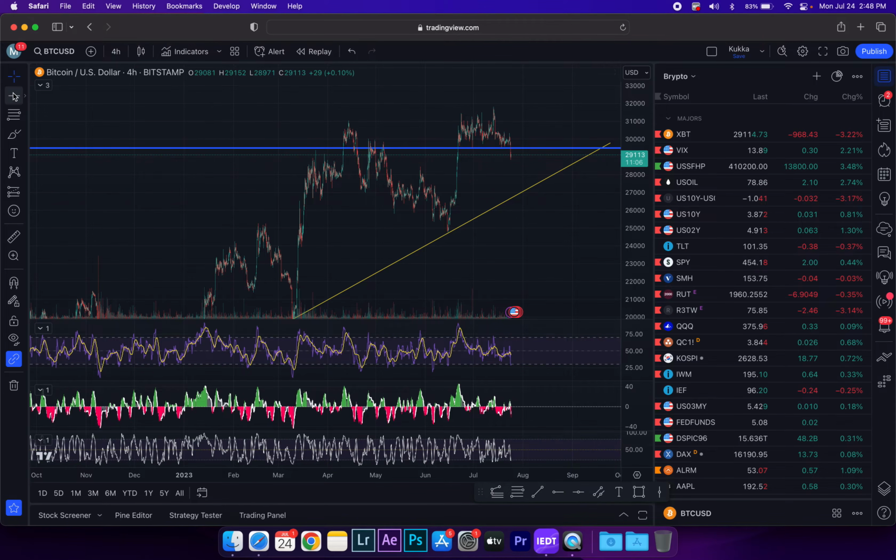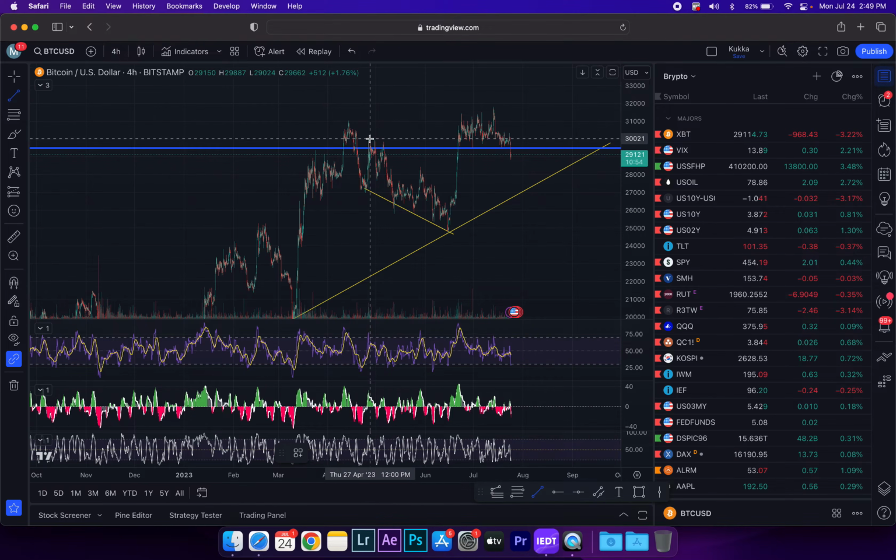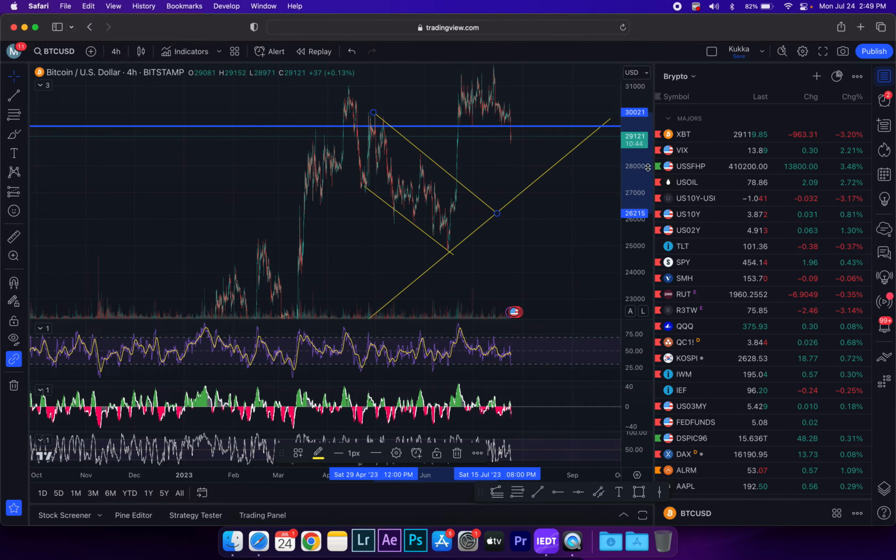For example, I see a trend over here which is forming, which is called a falling wedge, इसको आप बोल सकते हैं. और इन चार्ट पैटर्न्स के बारे में मैं आपको एक रिसोर्स बता दूंगा which you can learn to see how to identify trends within a trend.